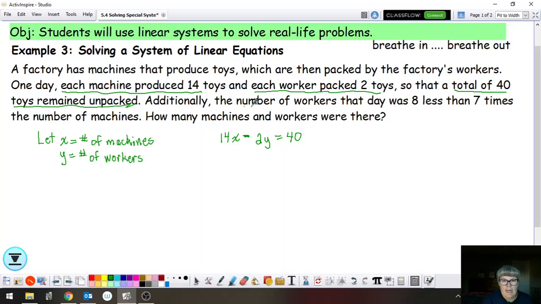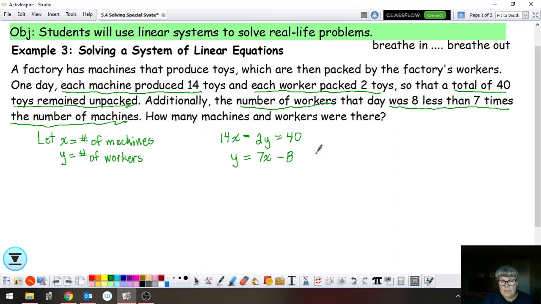Then we can look at the number of workers that day. The number of workers was 8 less than 7 times the number of machines. So workers is y. Was is like is, so equals 8 less than, so we're taking 8 away from 7 times the number of machines, that's 7x.